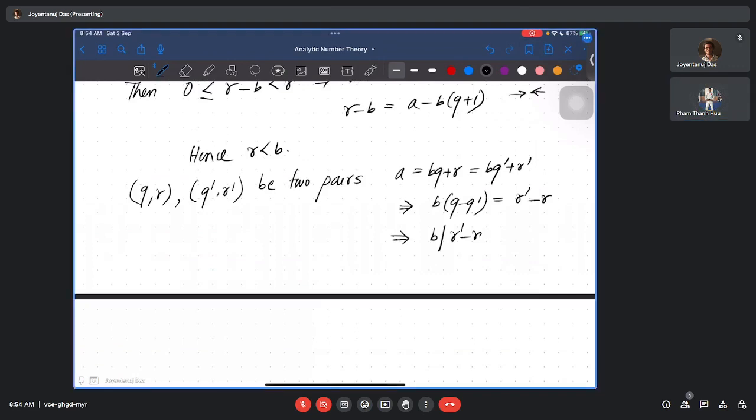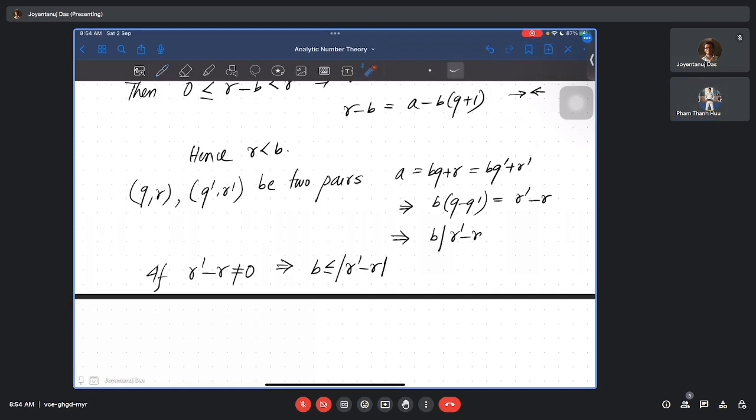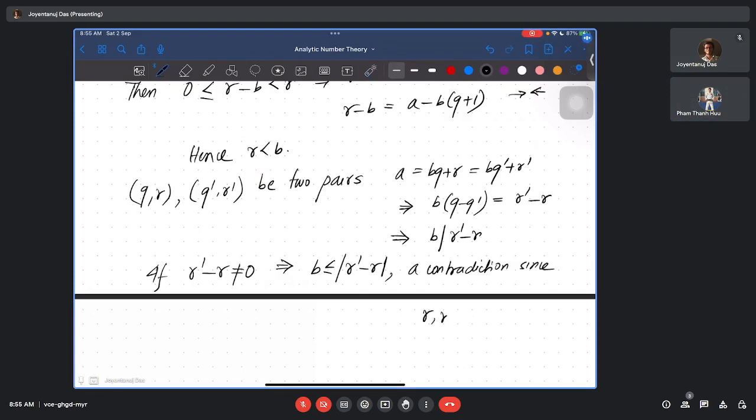Now if this r prime minus r is not equal to 0, then this implies that b has to be less than or equal to its absolute value. But that is a contradiction, because individually r and r prime are both strictly less than b, right?